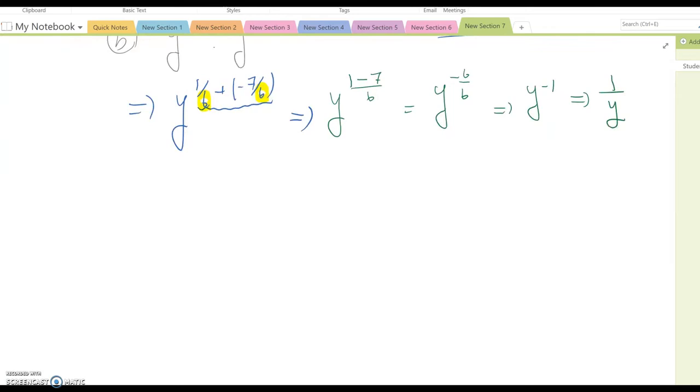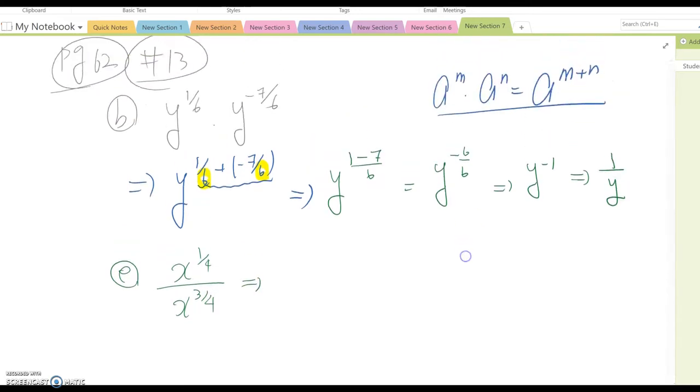So what about E here? E is x to the 1/4 over x to the 3/4 here. So we can still apply this property.